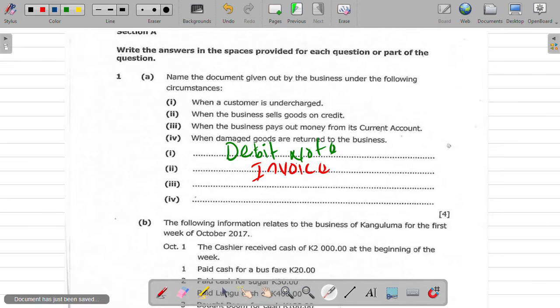Remember, this is the business paying money out from its current account. And where is the current account? In the bank. So you're going to use a document called a check.